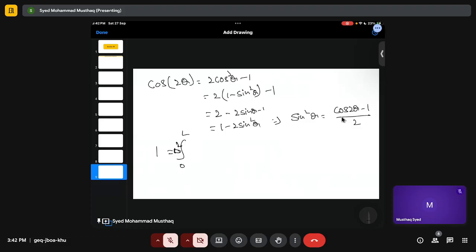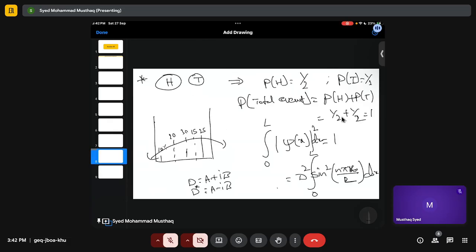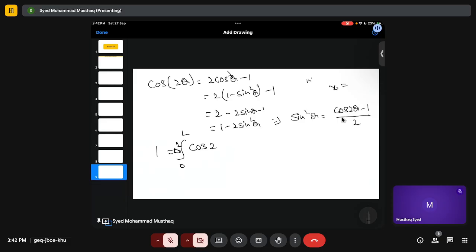So let's take n pi by L as b, small b, to avoid writing n pi by L too many times. So cos 2bx minus 1 upon 2.